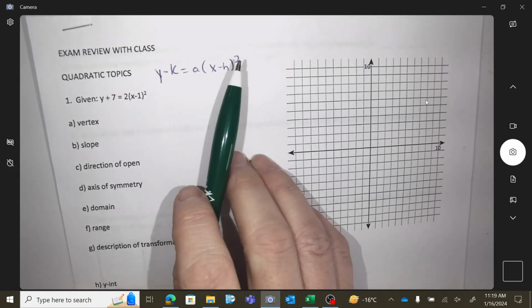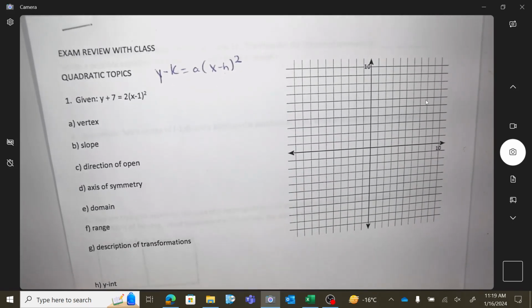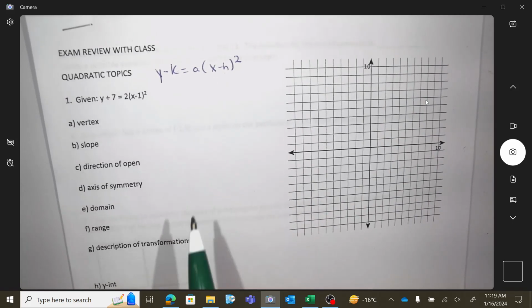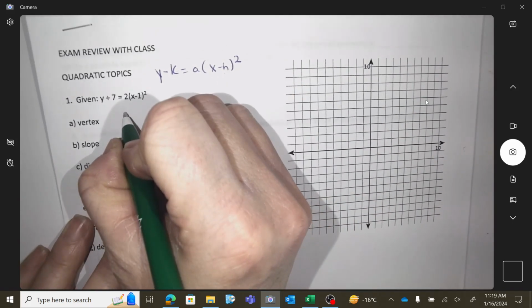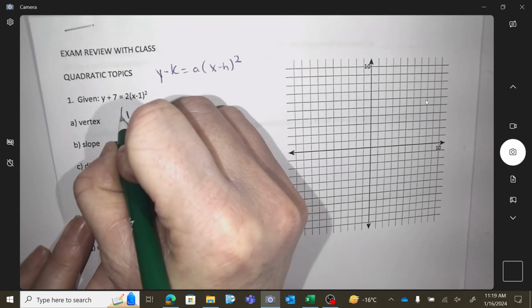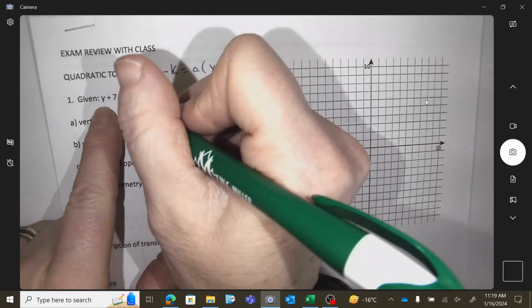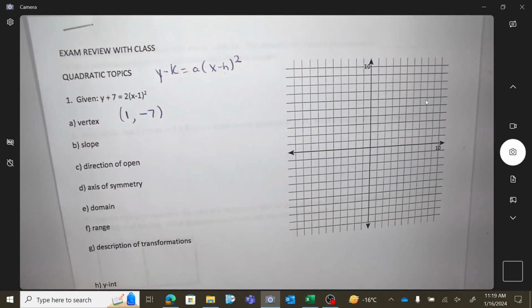So the vertex is (h, k), but because the formula has subtractions in it, subtractions mean opposite, so the vertex is positive 1 with the x value and negative 7.